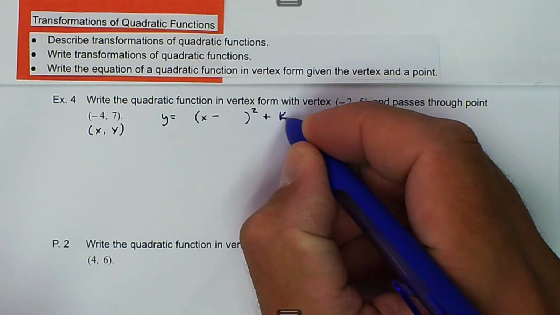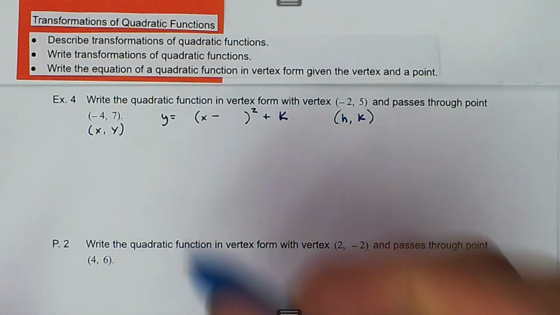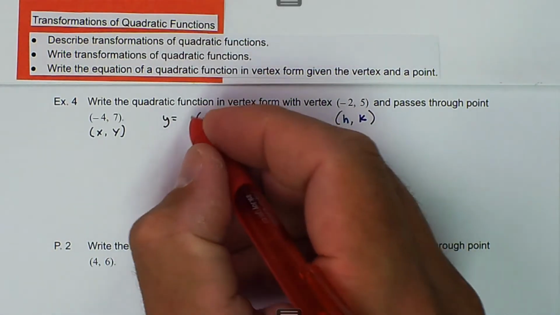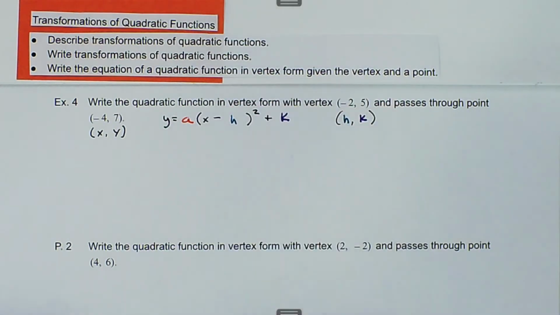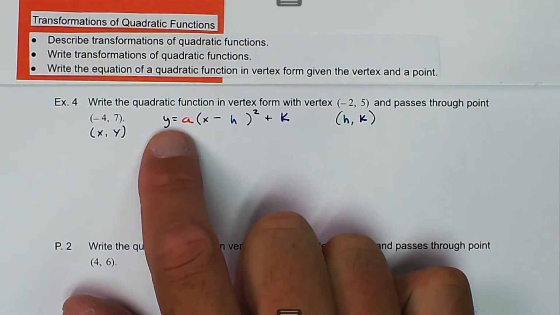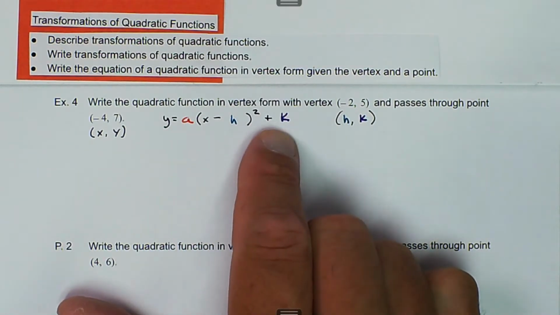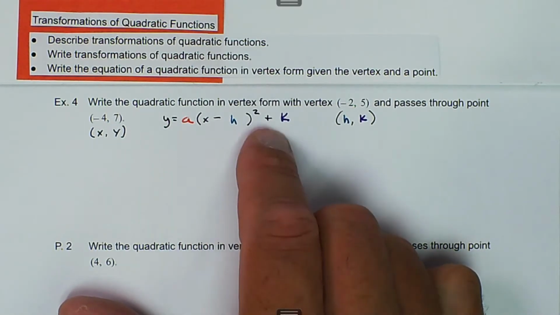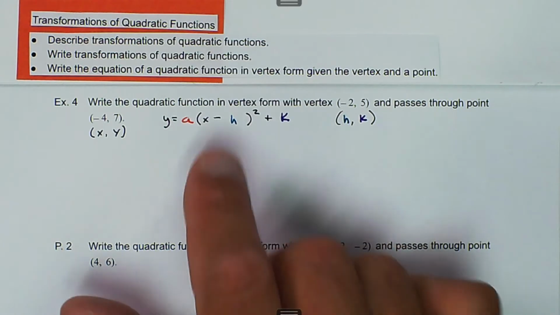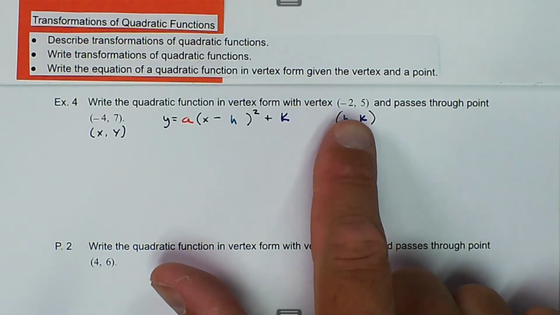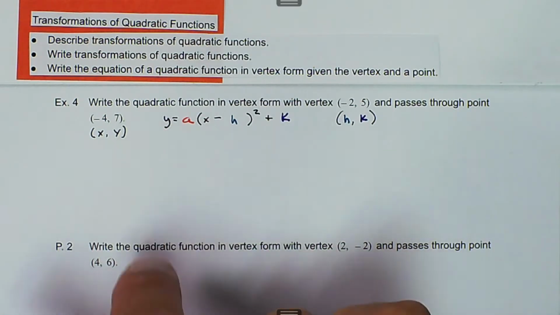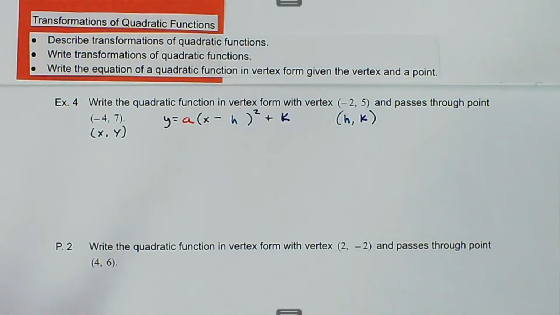So we have our k value, we have our h value, and we have our a value. So we can substitute in all the values that we know. So we have 1, 2, 3, 4, 5 variables. We have y, a, x, h, and k, and we have 4 given. We're given the vertex, which is the h and the k, and we're given the x and the y, so we can substitute those values in.